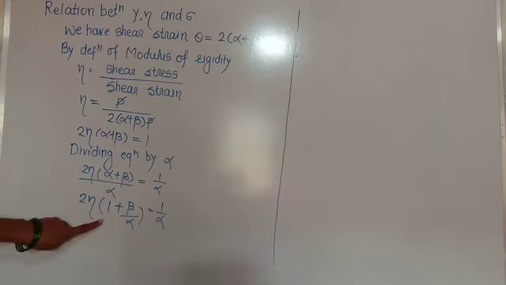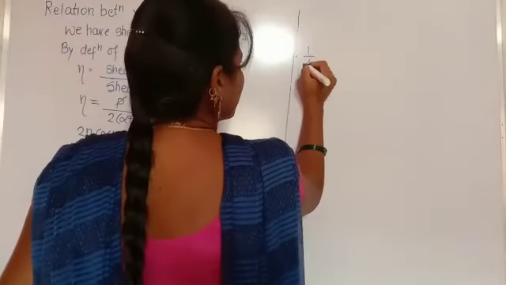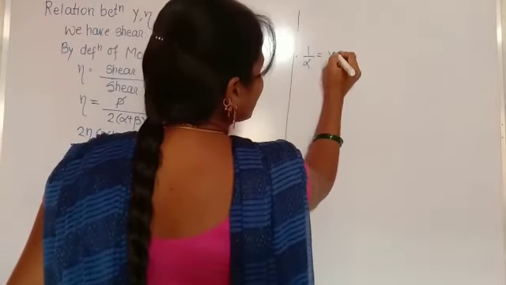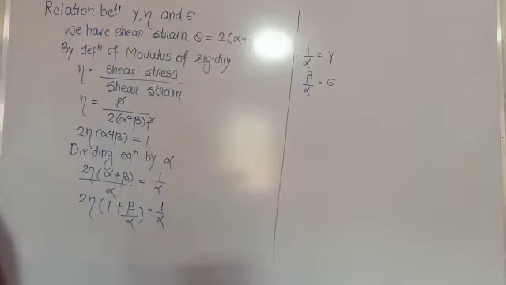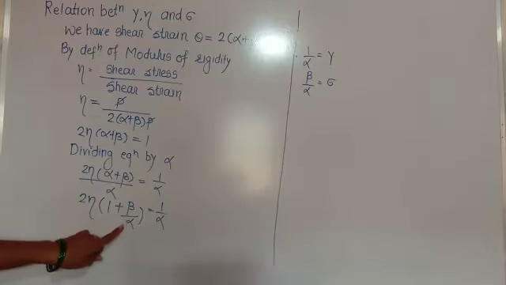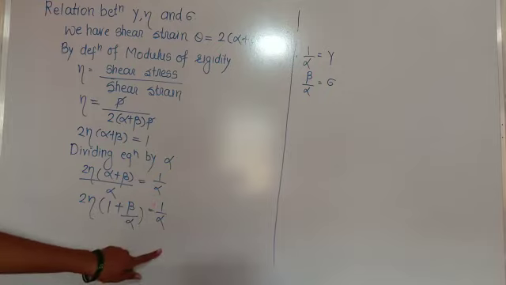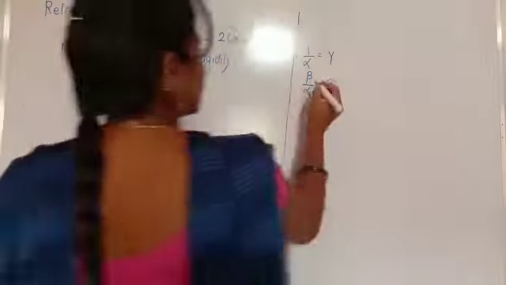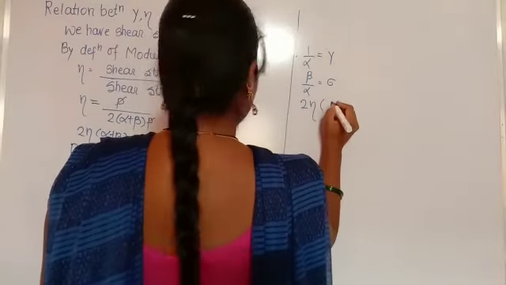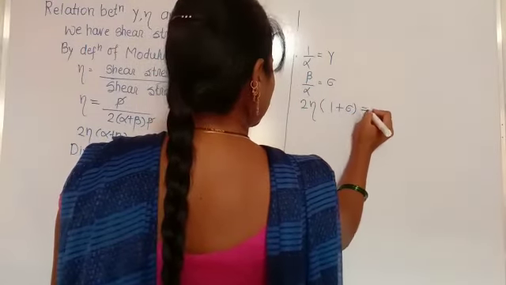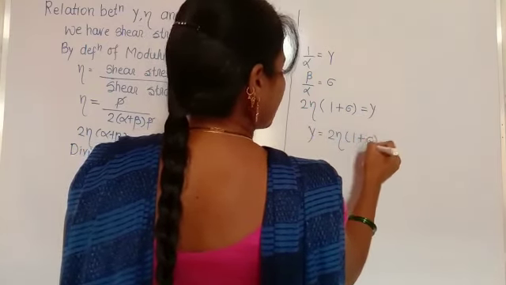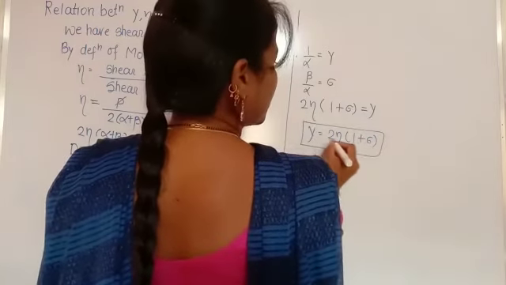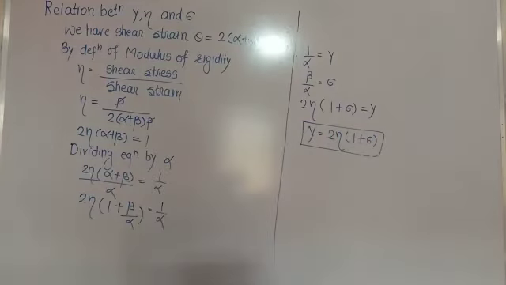Using the constants, 1 by alpha is nothing but Y, and beta by alpha is sigma. So we get twice neta (1 plus sigma) is equal to Y, and Y is equal to twice neta (1 plus sigma). This is the required relation between Y, neta and sigma.